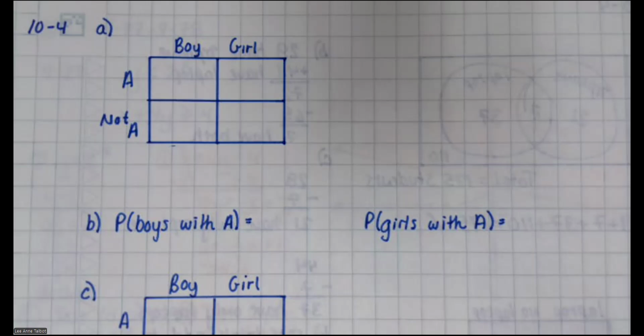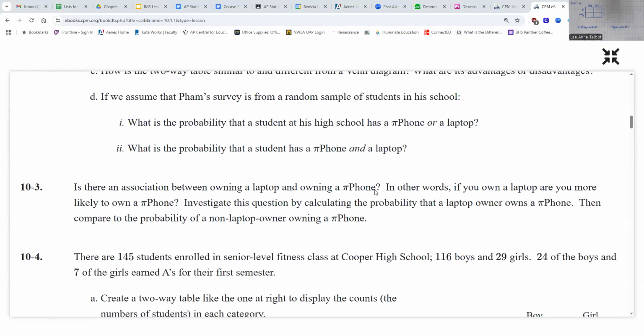I want you guys to take 30 to 45 seconds to read the problem, try to figure out what the numbers show. You might want to write them lightly because we might need to fix them. So see if you can do it. If you can't, I totally get it because we just started working on this. But if you can, that means you've already figured out the hardest part.